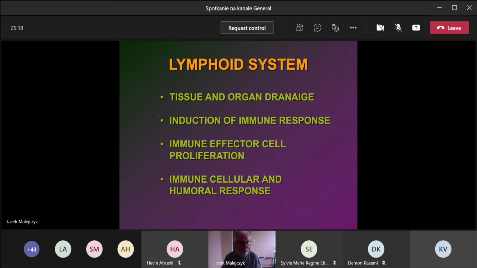The cellular response usually occurs at the site of infection and is mediated by cells which arrive by the blood, or by resident cells. If we make a comparison to the military, they play the role of the infantry, which directly destroys the enemy.